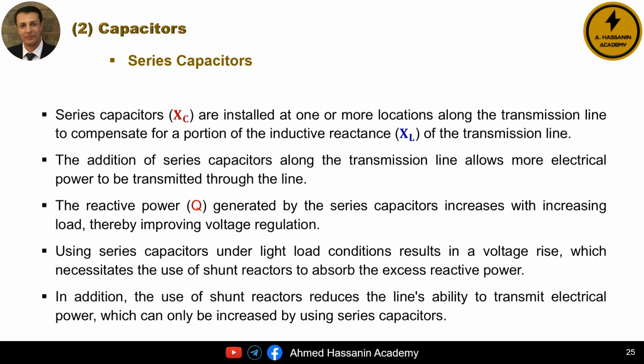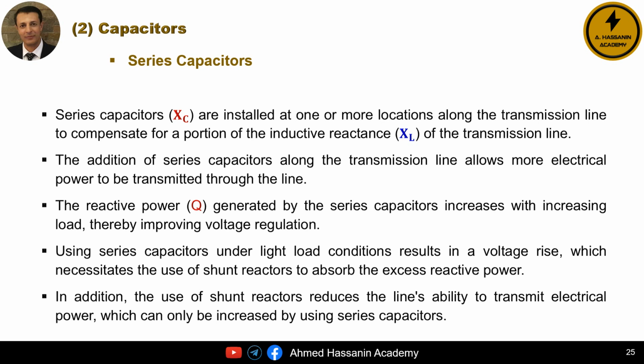As I mentioned earlier, connecting capacitors in series with the transmission line will lead to an increase in the voltage level. But does this mean that the capacitors should remain connected continuously? Of course not, because if these capacitors remain connected continuously, especially during periods of light loading, they will cause a significant and undesirable voltage rise, which is technically unacceptable.